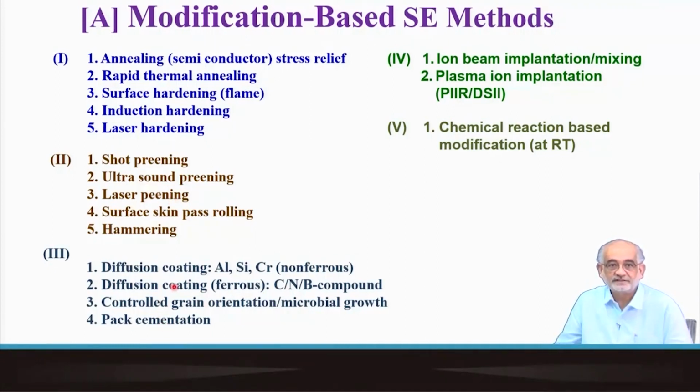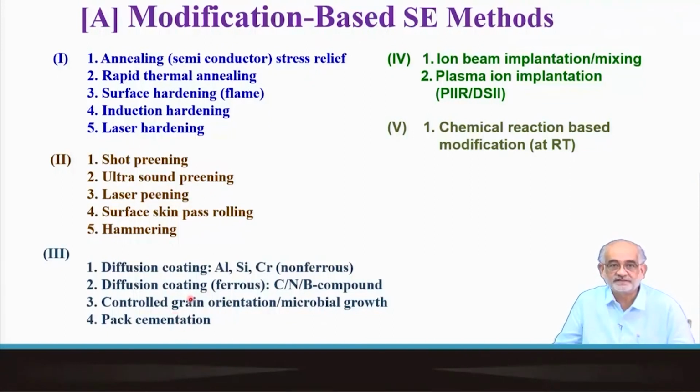I can do, by a thermally activated process, what is known as diffusion coating on non-ferrous metals or ferrous metals. I can even bring in certain functionalities, say control grain orientation or microbial growth, or bring in a certain specific texture on the surface.